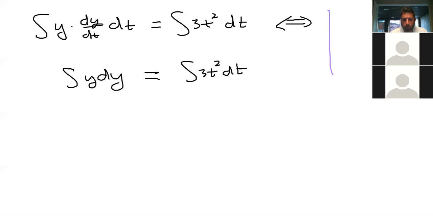Let's change t. So let's go from t to a new variable. So let's say u for the sake of argument. Okay, then what's dt/du? Well, dt/du is just 1.